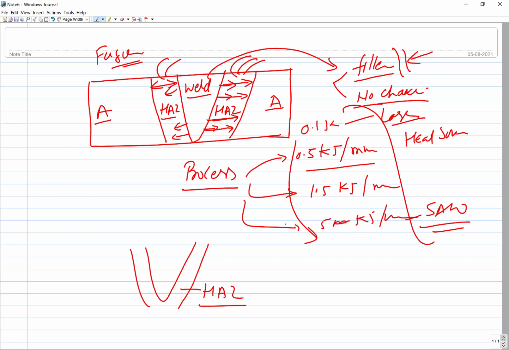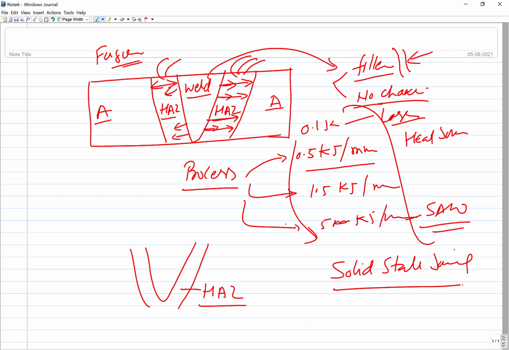The only thing you can do is reduce HAZ related issues by reducing the heat input, and that option is very much available in solid state joining, because either you don't supply any heat from outside or it is generated inherently during the process. So solid state joints are developed using less heat, and the HAZ problem may be very limited.